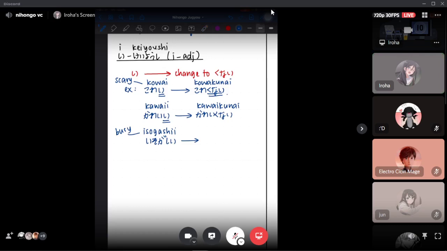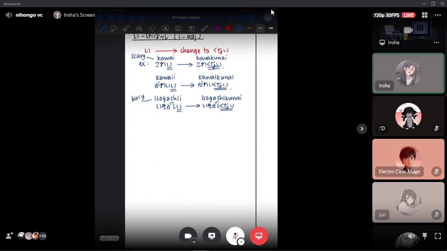So you just change the last i into kunai. So the i at the end, you just change it to kunai. That is basically how you change the i-keiyoushi, the i adjective. This is basically a recap from the last chapter.